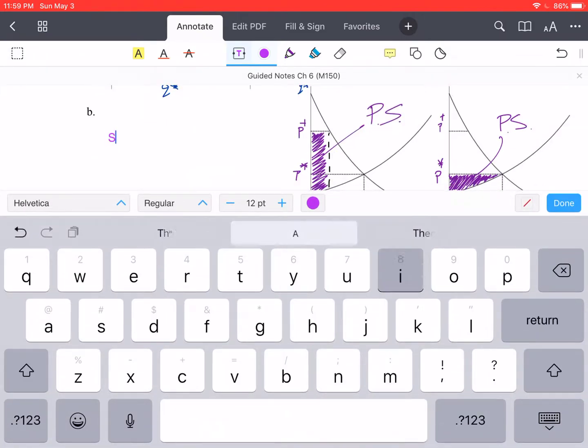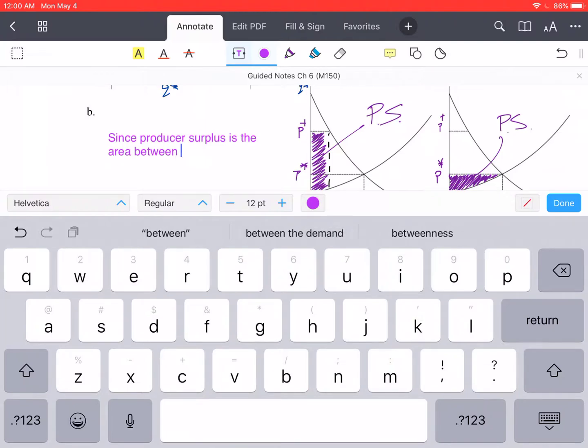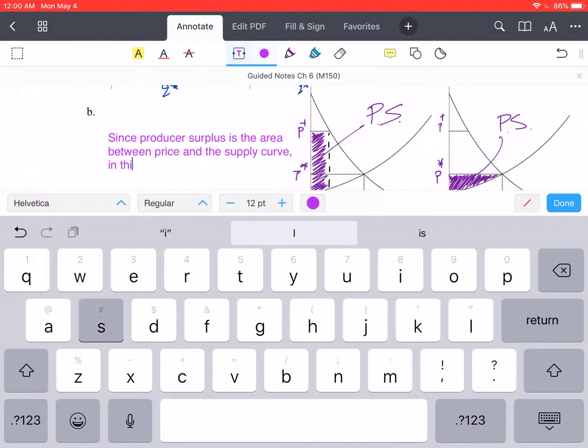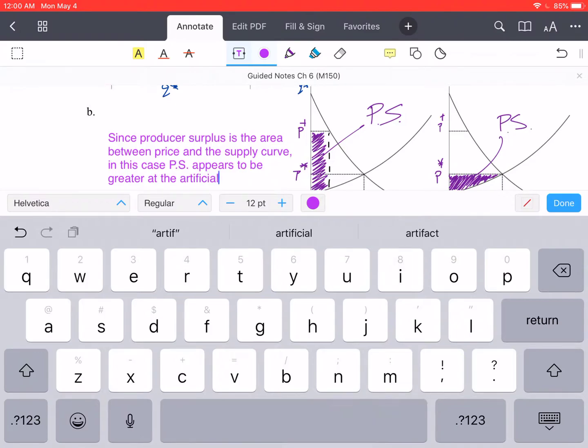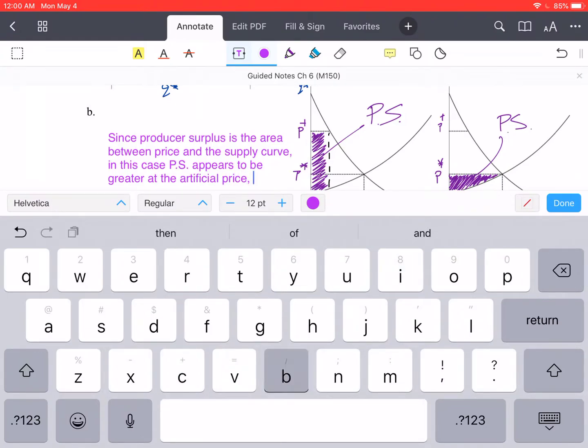All right, so since producer surplus is the area between price and the supply curve, in this case, producer surplus appears to be greater at the artificial price, but this could change for different supply and demand curves.